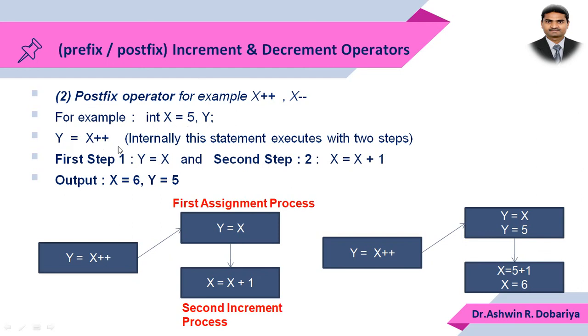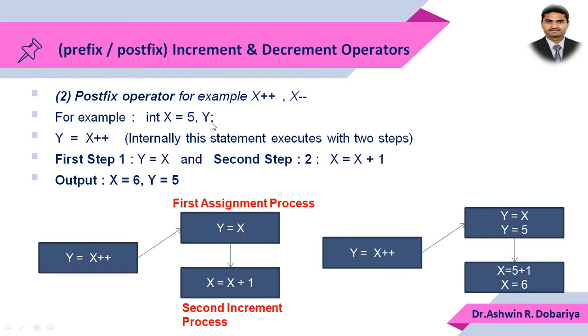Internally also it performs two steps, but here post means after increment. So first is assignment. In this expression, which contains the post-increment, whatever value of x, it is first assigned to y. After that x is incremented by 1. So in the second step internally it increments by 1.